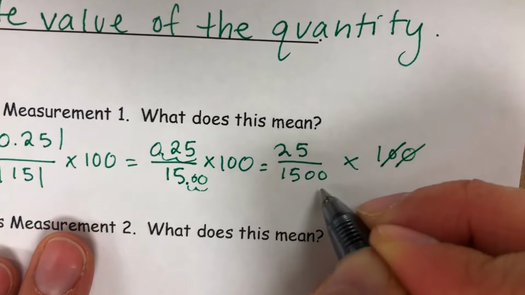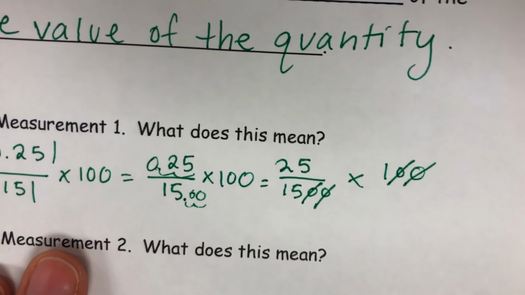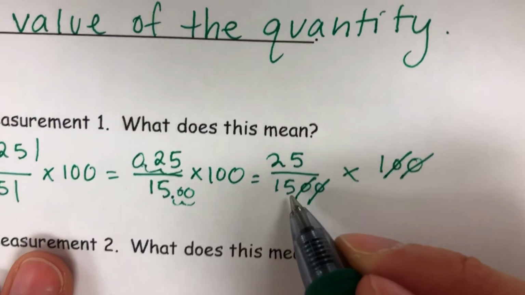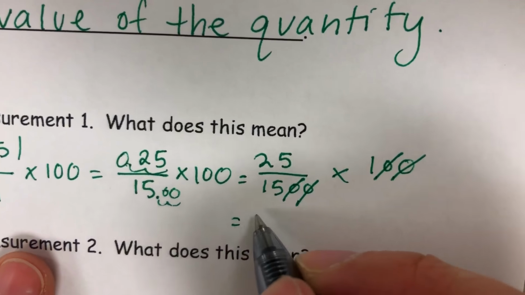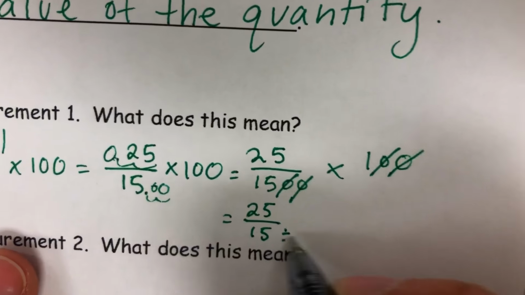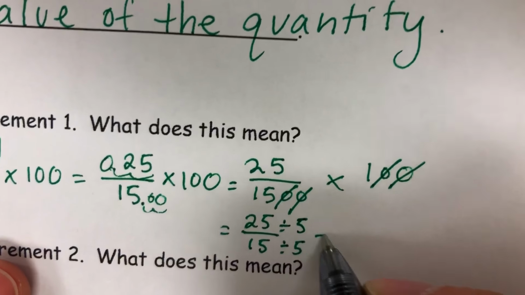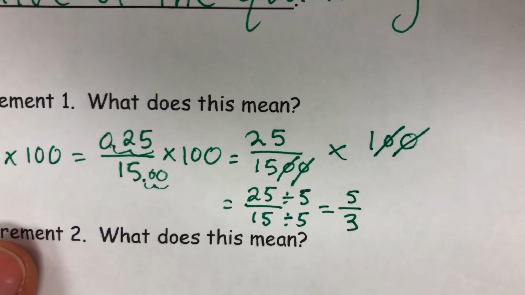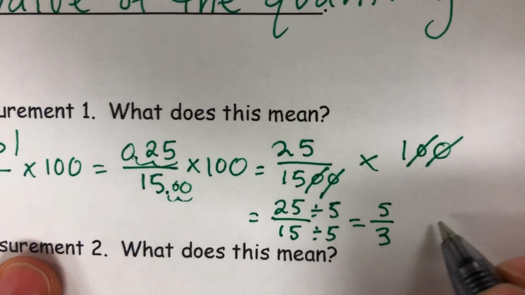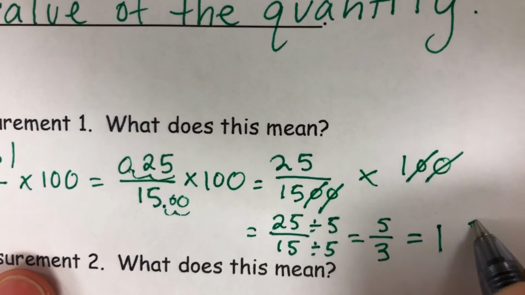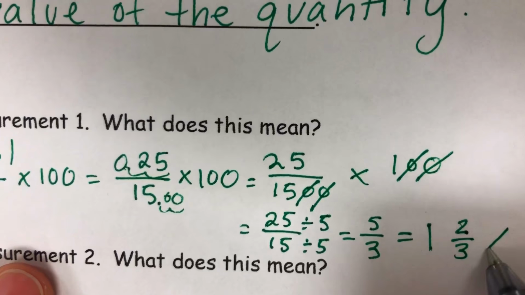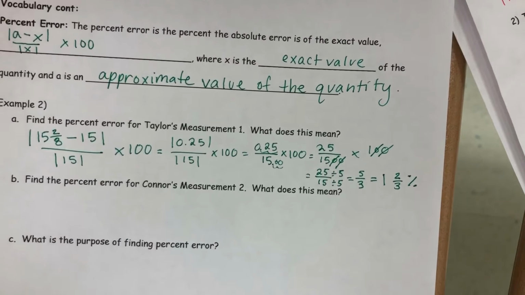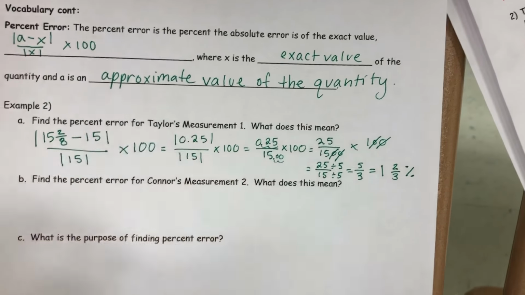The zeros will cancel out here because it's like 100 over 1, so you're left with 25 divided by 15. Once again, I can simplify it by dividing both by 5, which is 5/3. So that's equal to 1 2/3%. And the reason that this is a percent is because we multiplied it by 100.